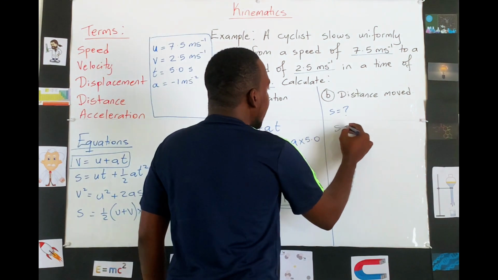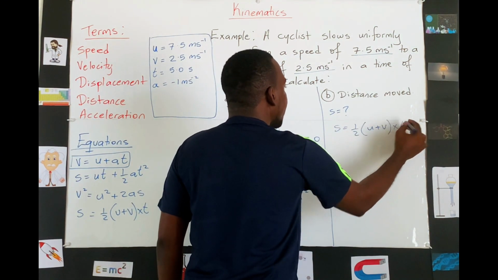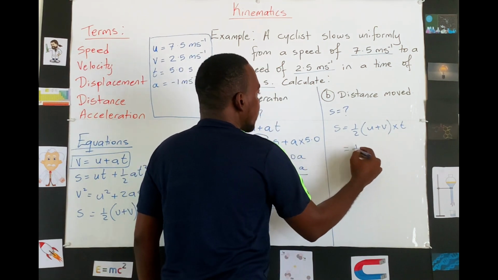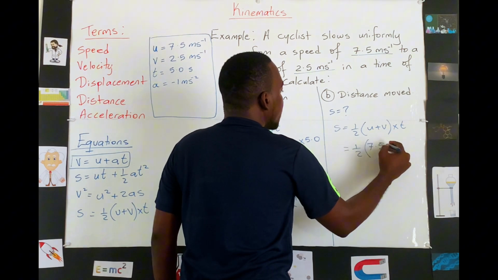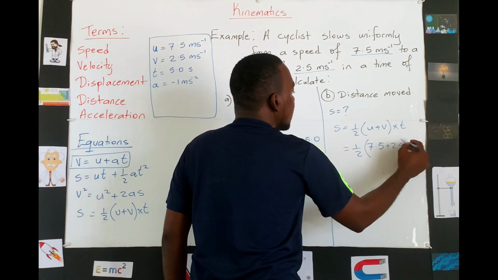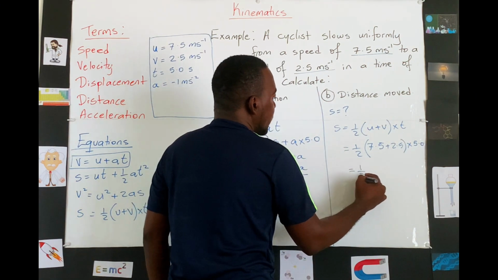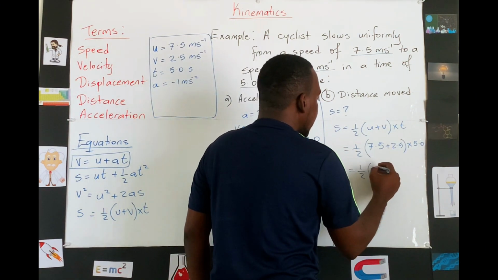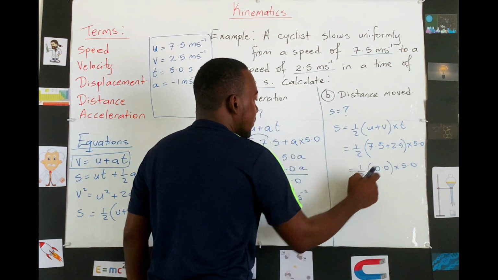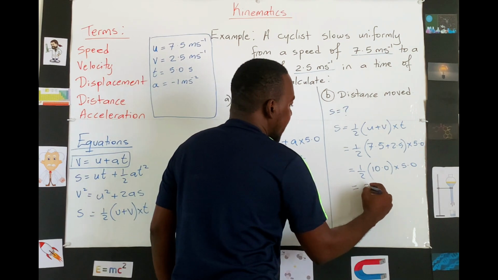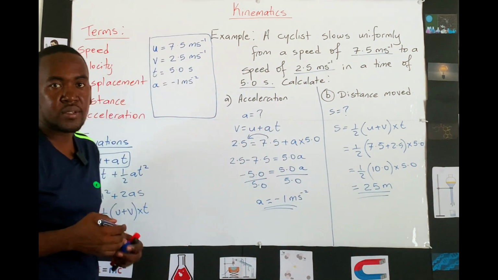So s is equal to half u plus v times t. So it is a half of u, which is 7.5, plus v, 2.5, times t, which is 5.0. So it's a half of, this would be 10.0 times 5.0. So half of 10 is 5. 5 times 5 is 25. And the unit is meters.